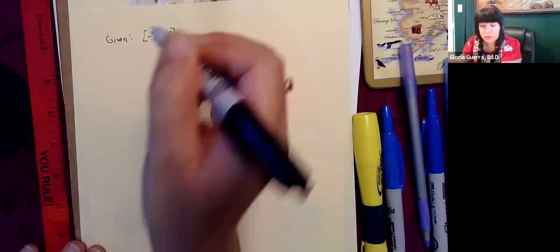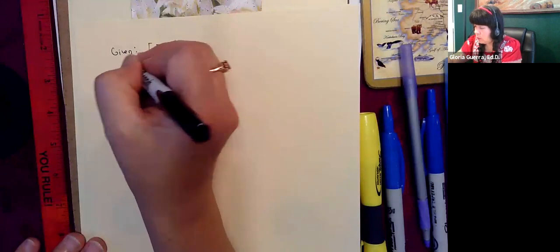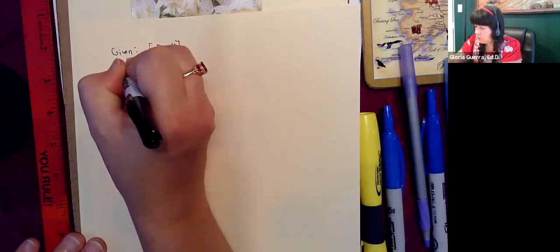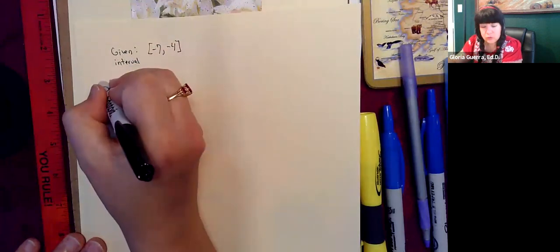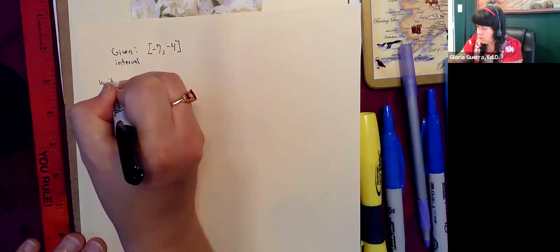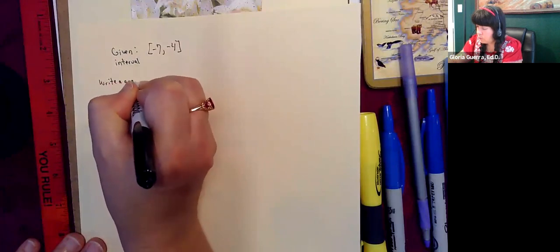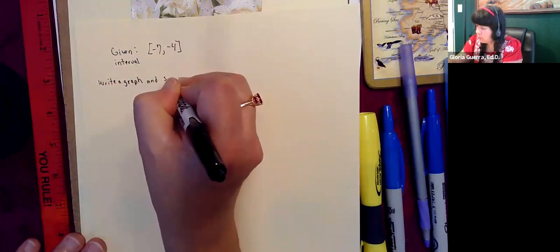Let's say they give you that, okay, which is an interval, right? That's a given interval. And then let's say they ask you to write a graph and a set builder.